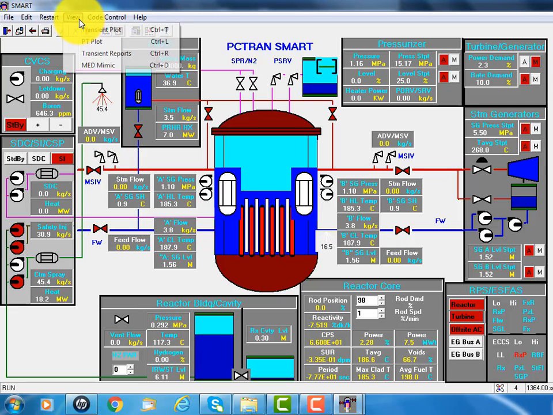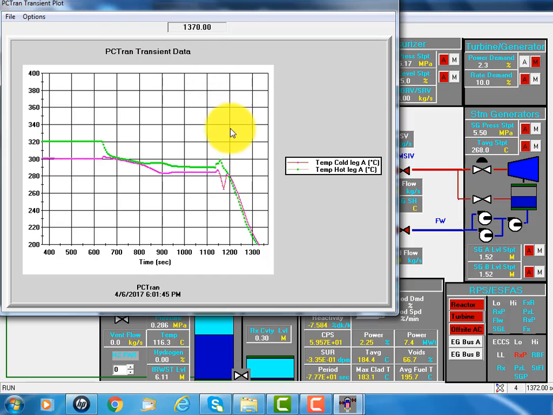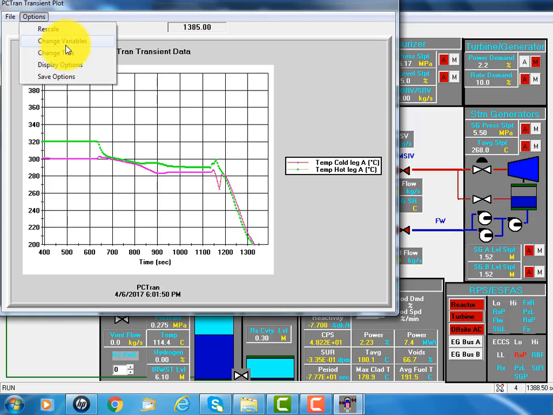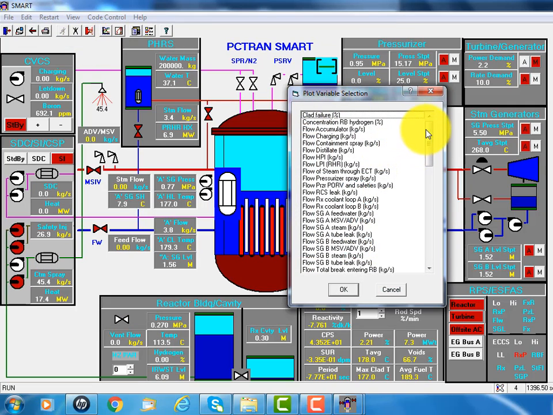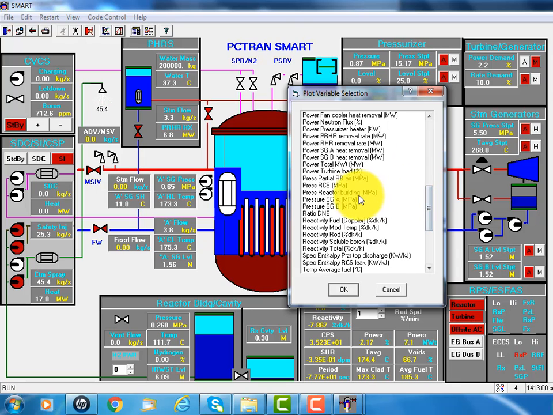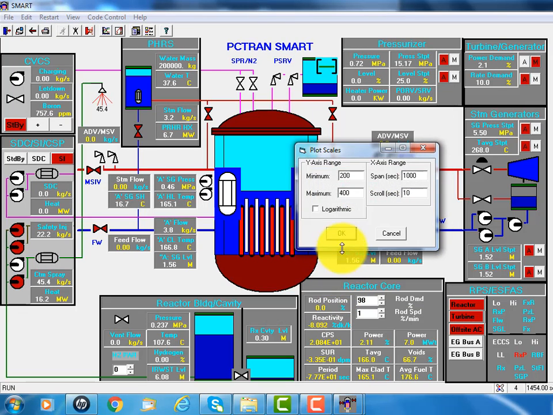And we can also look at the transient plots. See, this is the temperature. And we can see the primary reactor coolant pressure and the reactor building or the containment pressure. Minimum is 0 and maximum is 20.